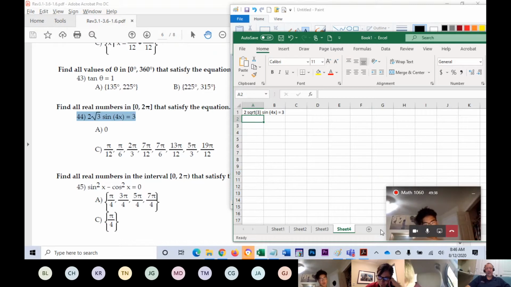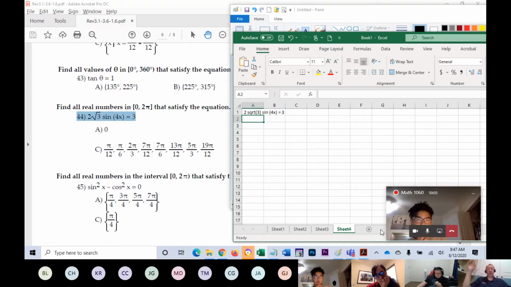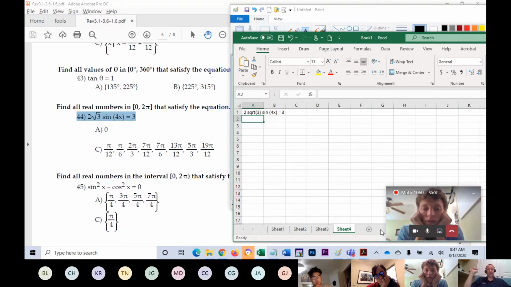So is it just asking when x equals 0? Like every time the graph hits 0? Not necessarily. This is really just an algebra problem. So we need to solve for x.